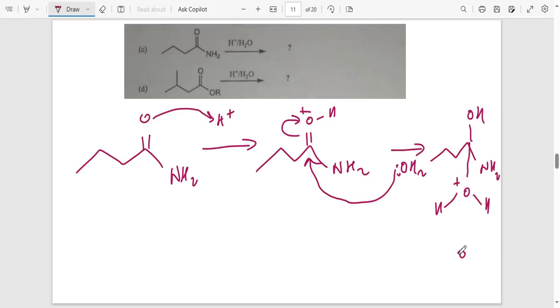Okay. And then another water molecule is going to come in to remove this hydrogen. This bond will break off. So I've got NH2 at the end here. We have got OH on top. So we have got OH also down. At this point, this nitrogen has got a lone pair of electrons.